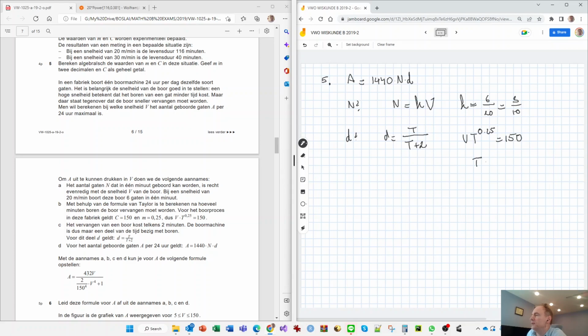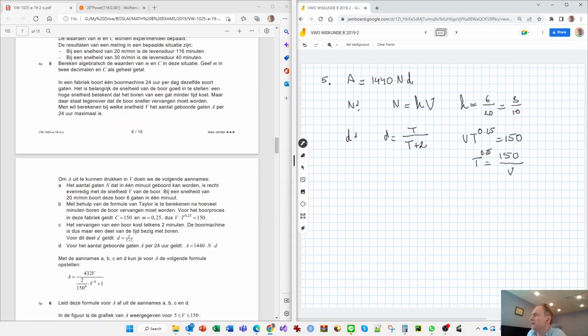So T to that power is 150 divided by V. You can recognize this exponent is 1/4, so if we take both sides to the power of 4, this still has to be valid.